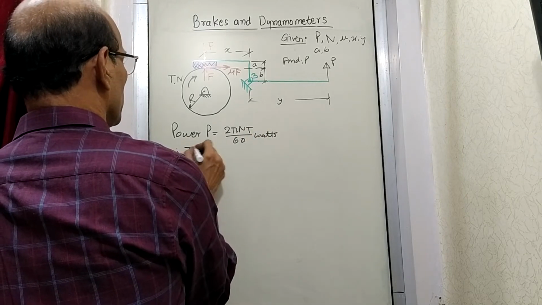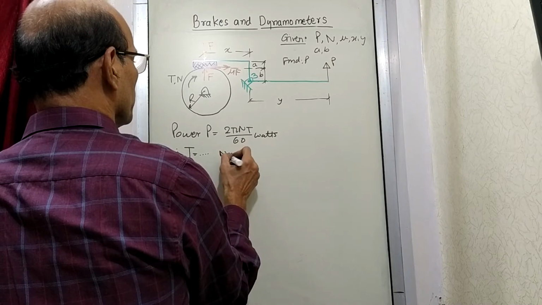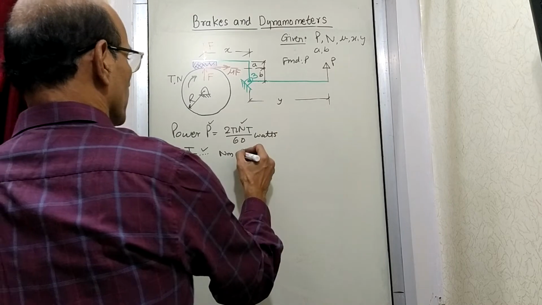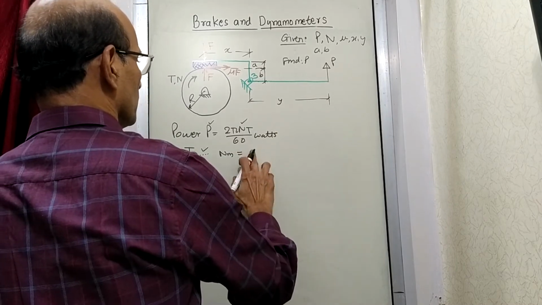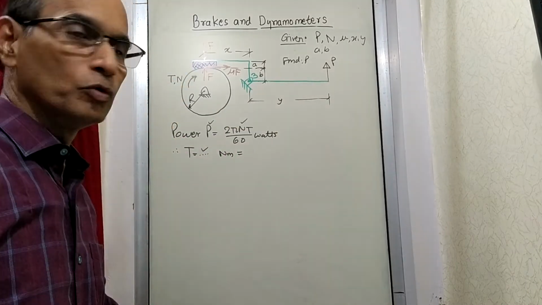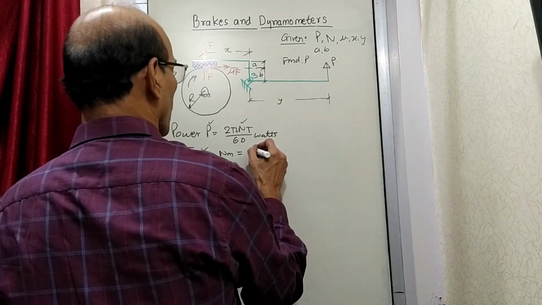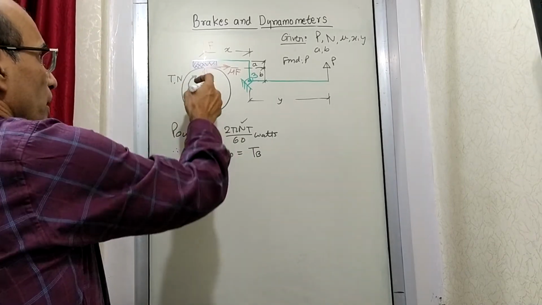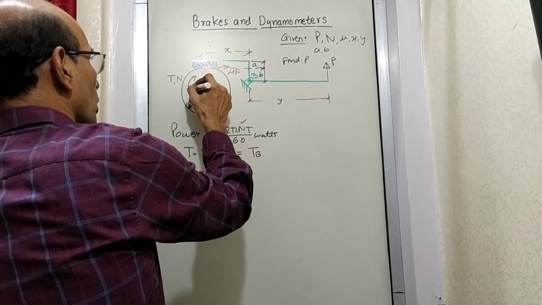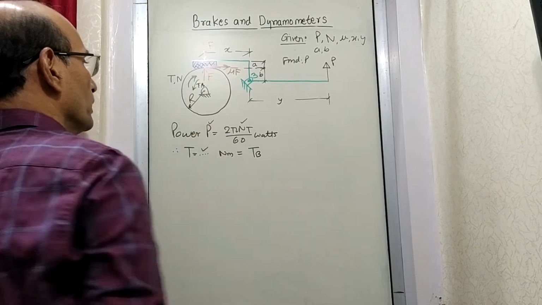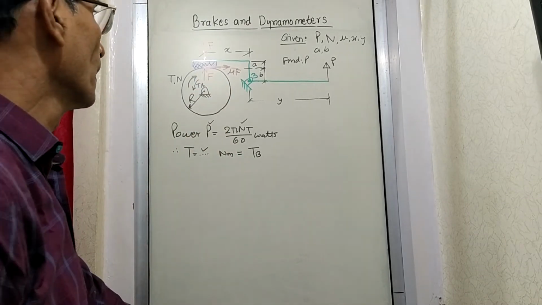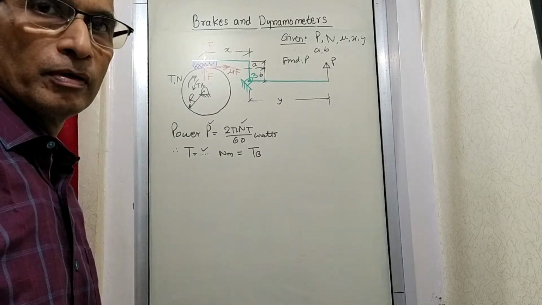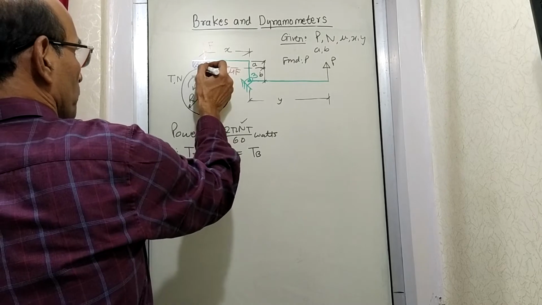So therefore T is equal to certain Newton meters which you obtain from this equation, because P and N are known. But this T is nothing but, now in this case there is no T1 minus T2. So this T is the braking torque. Whatever torque you are applying, equal and opposite braking torque you are supposed to apply, TB. Now this braking torque is going to come because of frictional force in this direction.